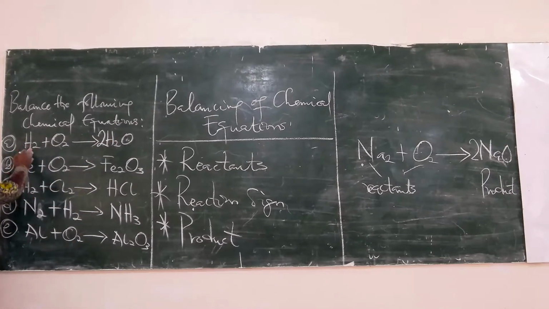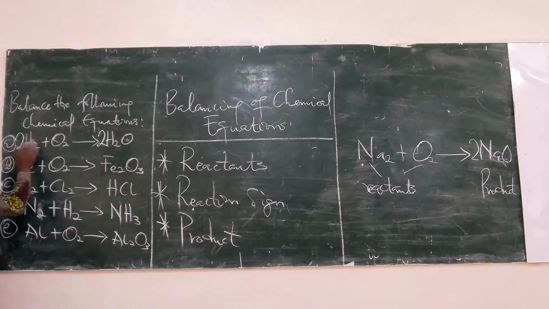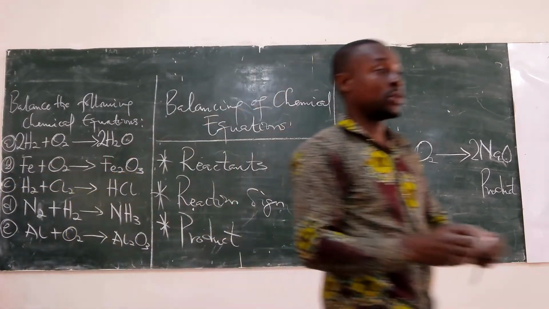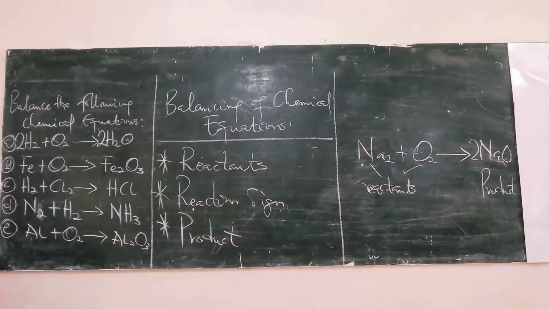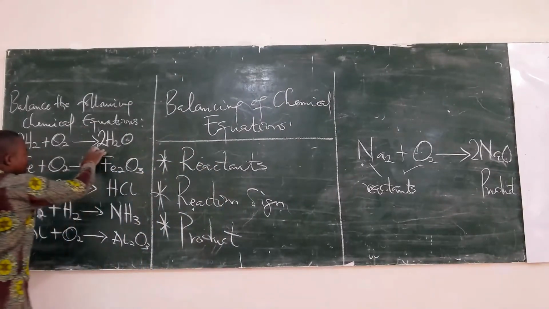But if you come to the reactant side, how many hydrogen atoms do we have here? 2. So you need to place 2 here to get 4 hydrogen atoms at the product side and then 4 hydrogen atoms at the reactant side. So if you did not have this, let me mark you. So this is a balanced equation for this.